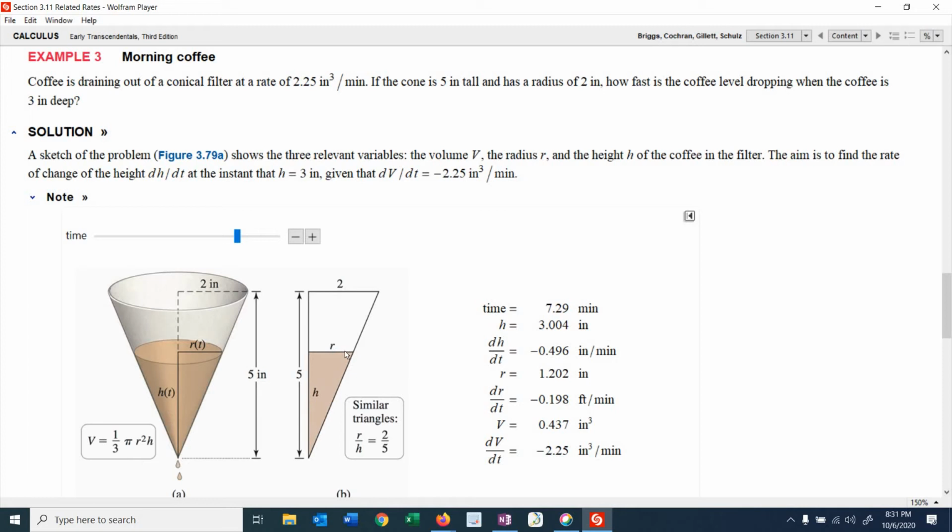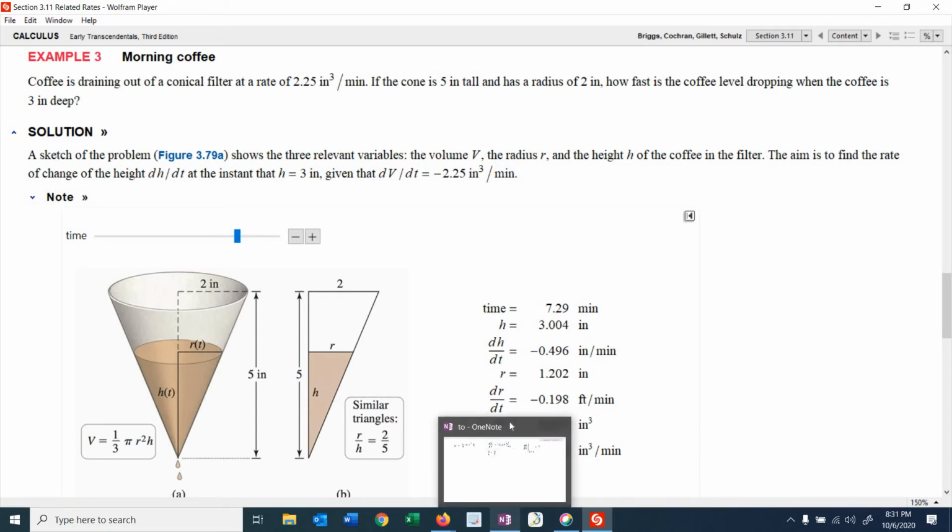If you take one side of this triangle and divide it by this other side, that ratio is the same as taking this side and dividing it by this side. So we know r divided by h is the same as 2 divided by 5 because they're similar triangles. And that's going to allow us to solve for r and substitute that r into this equation, and then we'll have everything in terms of h.